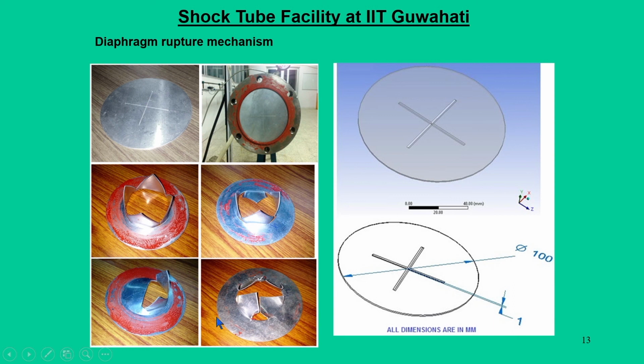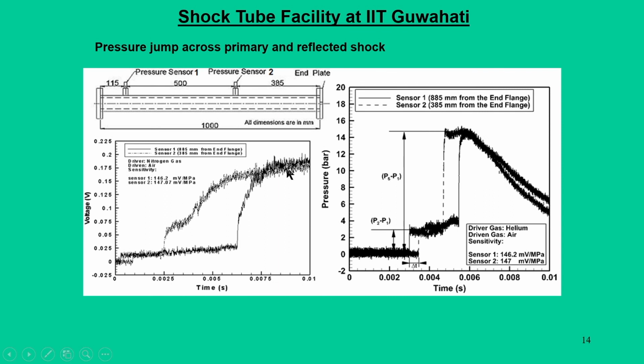In all other cases, although the diaphragm ruptures, by looking at the nature of the rupture we can say it is just a compression wave that ruptured the diaphragm, so it is not a normal shock at all. These are standard observations by which we can decide whether a shock wave has been generated or not. And these are some sample plots.